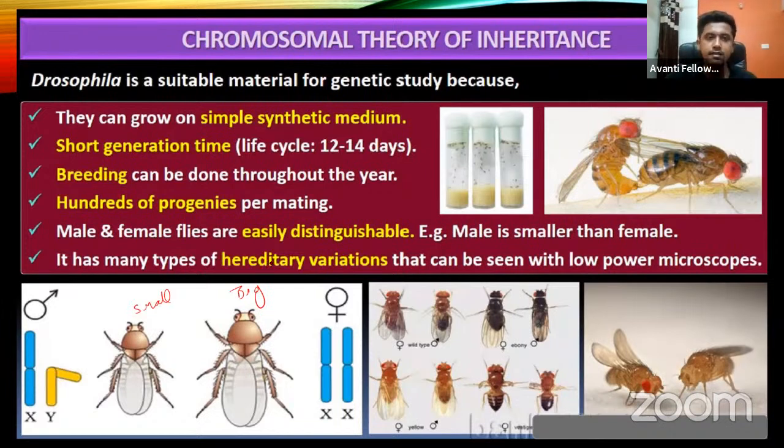And the second thing is that the number of chromosomes in Drosophila is very, very few. It is a very small number of chromosomes. So it is very easy for us to understand what genes are present, where they are present, and how they are responsible for a particular character. So that is the second one, the gene size. And the third one is the variants.